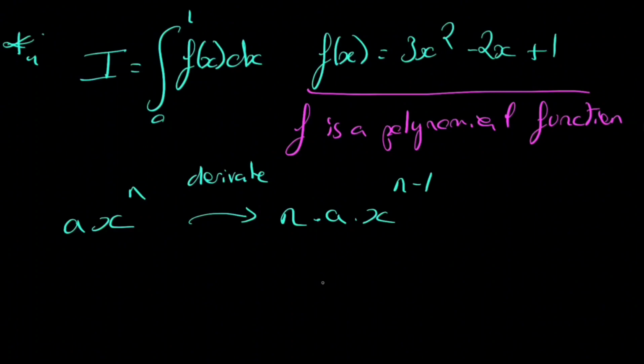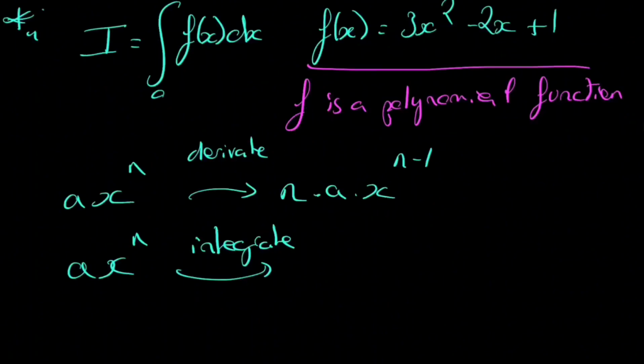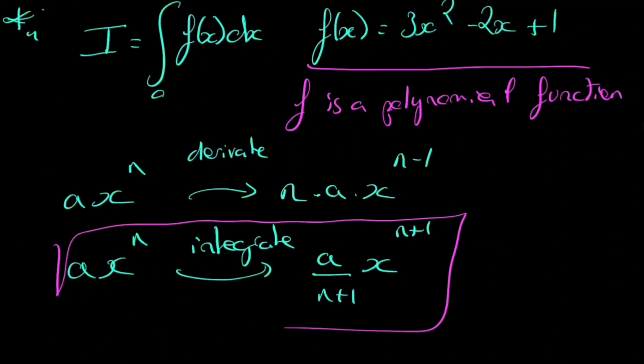So we will want to do the inverse operation, which is called integration. When you've got something like a times x to the n power, you can integrate it following quite the same rule: a over n plus 1 times x to the n plus 1 power.